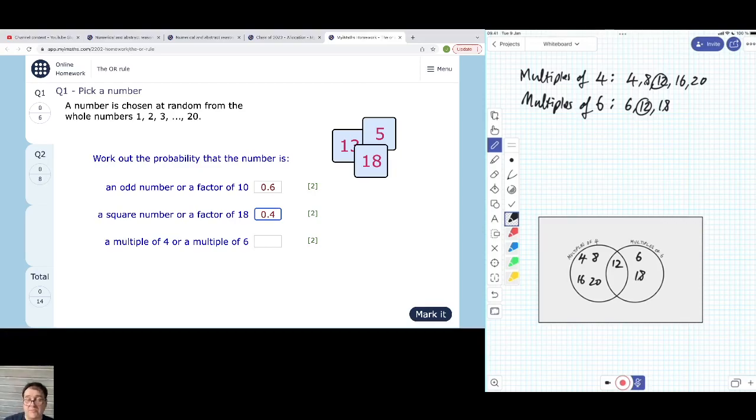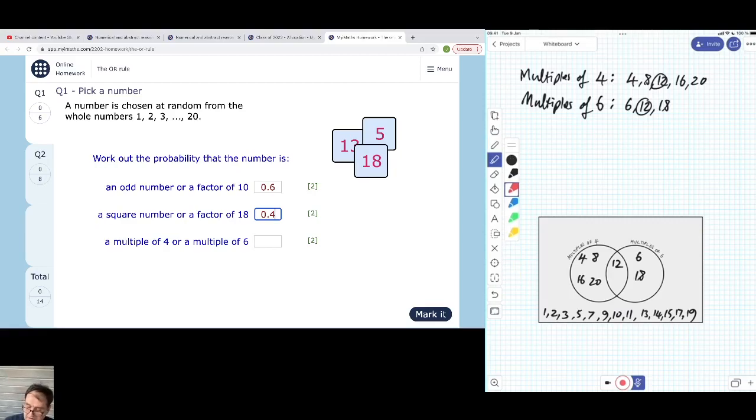And then all the other numbers go outside because they're neither multiples of 4 nor multiples of 6. So that's 1, 2, 3, 5, 7, 9, 10, 11, 13, 14, 15, 17 and 19.